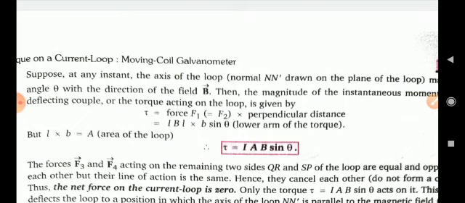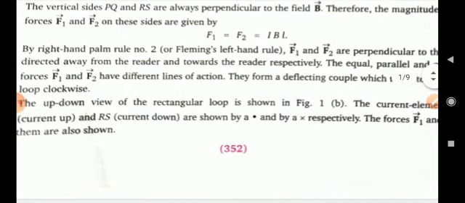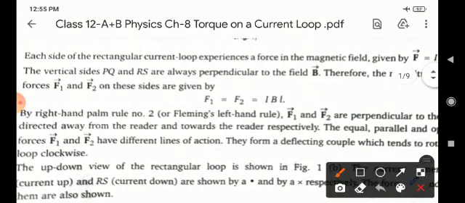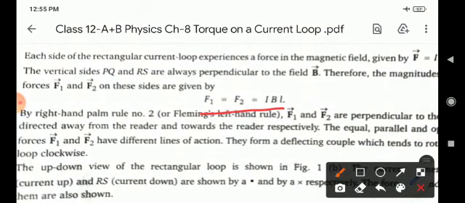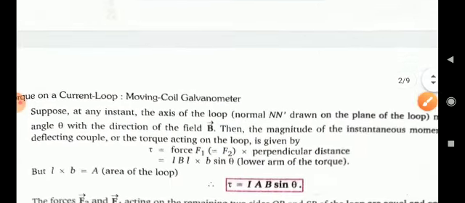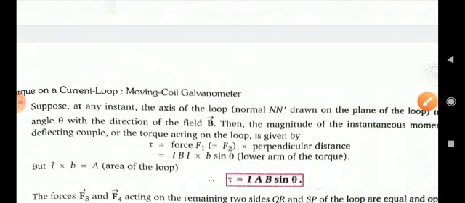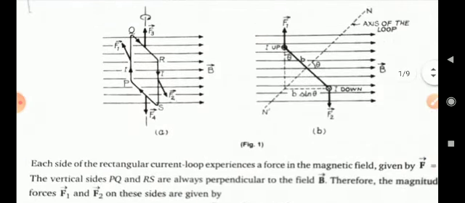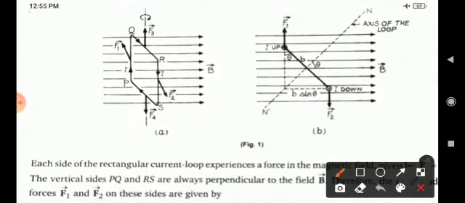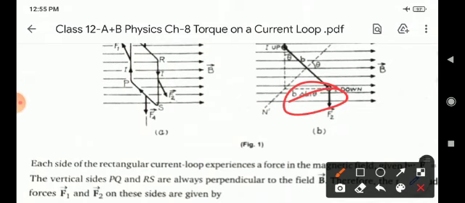Torque is defined as the product of force and perpendicular distance. Torque is equal to force F1, F2 into perpendicular distance, where force is equal to IBL, taken from F1, F2 here, and the perpendicular distance is small b sin theta from this figure.